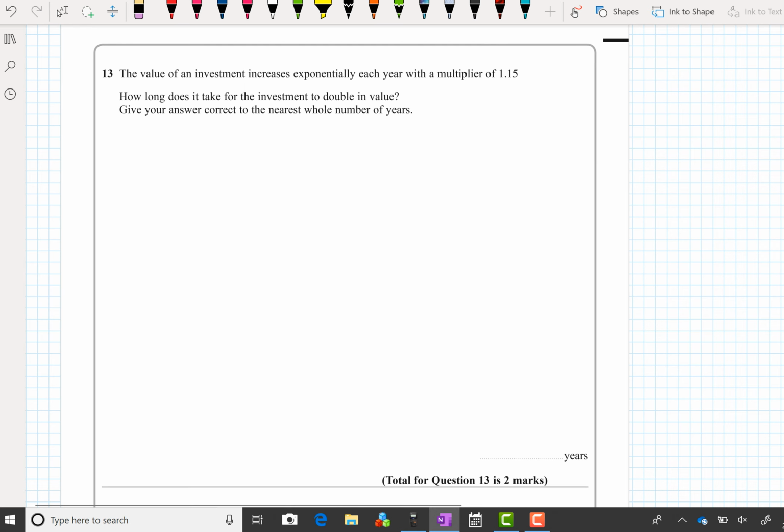Now, something to bear in mind, investment. It's equal to, it's saying it's multiplied by 1.15. Right now, things which have exponential growth generally look like this, where a is a constant, or just a number.